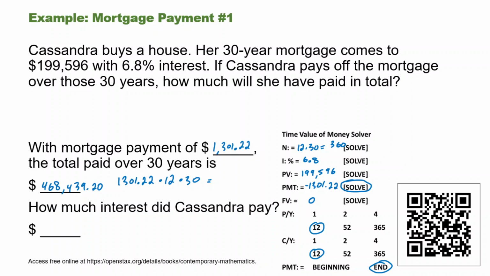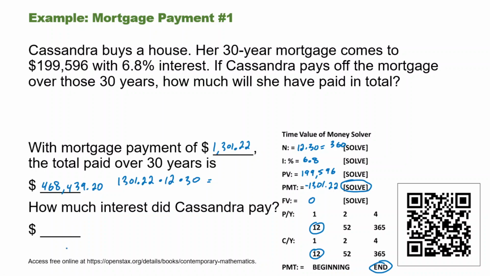Okay. That is a lot to pay because the next question is how much interest did Cassandra pay? Well, for interest, we can take the total amount paid and subtract the amount borrowed. So in this case, that would be $468,439.20 minus $199,596.